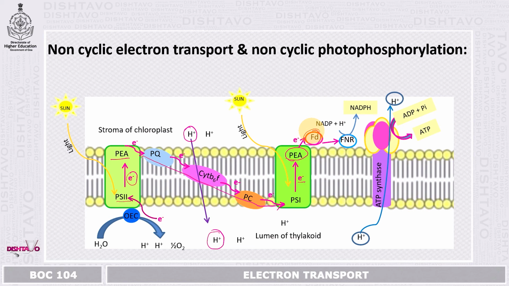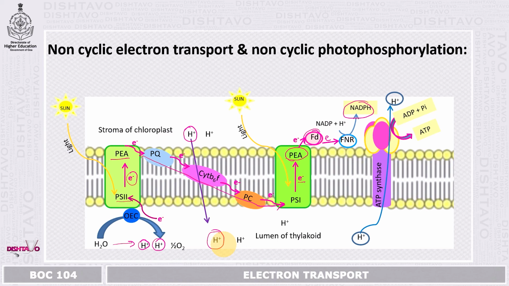The ferredoxin NADP reductase enzyme transfers the pair of electrons to NADP to form NADPH. Splitting of water molecules results in the accumulation of protons in the lumen of the thylakoid, as does the transfer of protons from stroma to lumen.